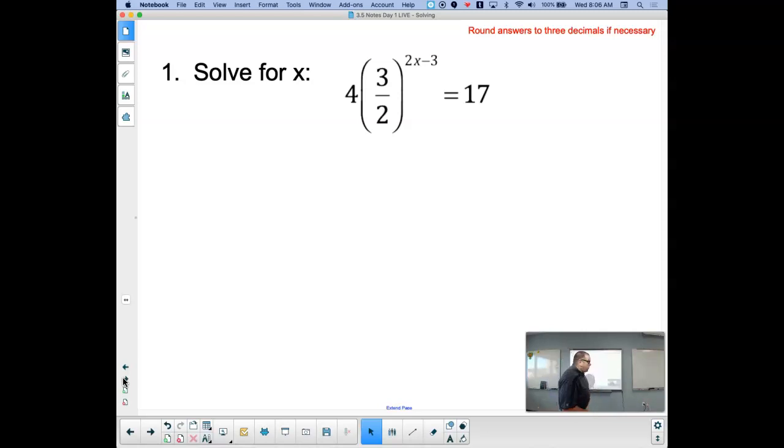Okay? So the very first thing that we need to do is isolate our crazy term, if you will. In this case, this is an exponential, and I know it's an exponential because I see that I have a variable in the exponent.